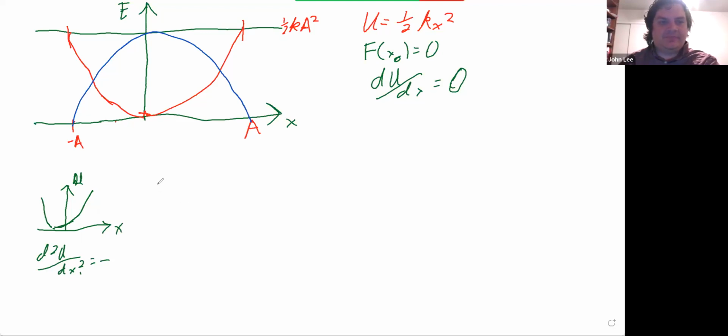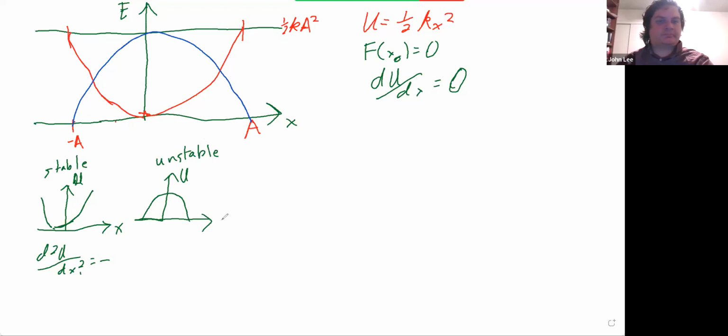Unstable equilibrium is built like this, where there's still, let's just label these unstable, where d squared U dx squared equals positive.